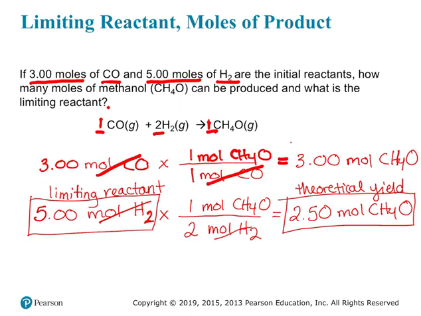So if we start with 3, we need 6 moles of hydrogen. So we only have 5 moles of hydrogen, which means hydrogen will run out first. So that's another way to think about it. You could compare the reactants together and kind of figure out which one is limiting or which one runs out first. So that's another option.